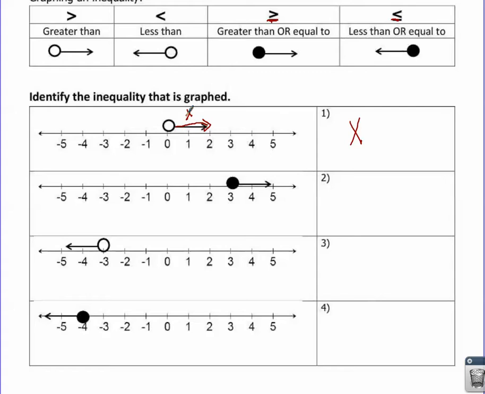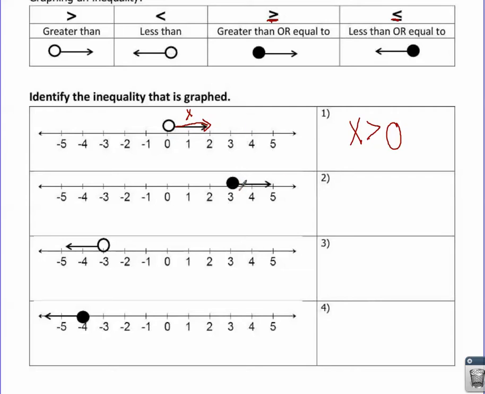So reading this, your dot or your number is to the left of your X, meaning your X or your shaded region is greater than 0 because it's to the right. For example, 1 is greater than 0. 2 is greater than 0.